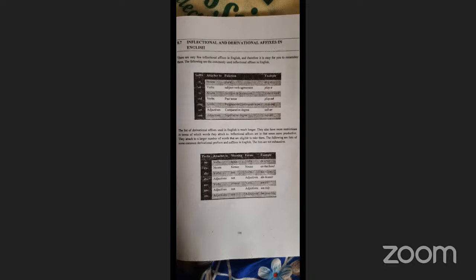Print, printer, right? You're adding a suffix er, and then you have a new word called printer. Print is actually a verb, but printer is actually a noun, right?